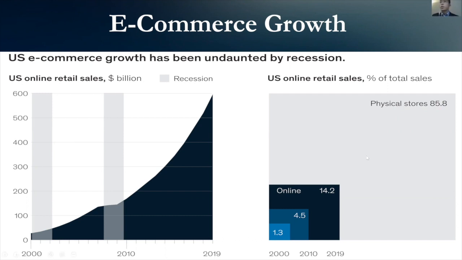On the right-hand side, we can see U.S. retail sales of physical stores versus online stores. According to the 2019 data set, about 85.8% are physical stores in the United States, and only 14.2% are online stores. So there is still huge room for improvement in launching online stores in the United States.